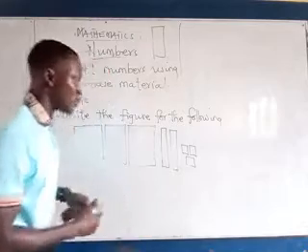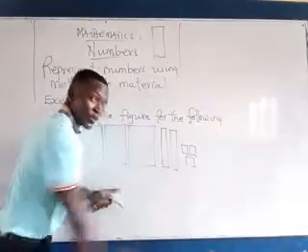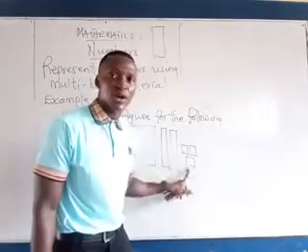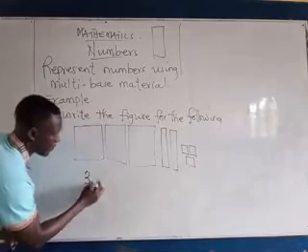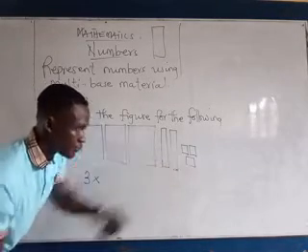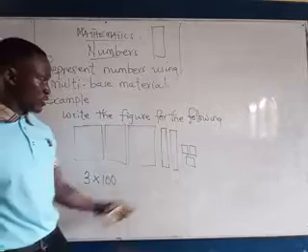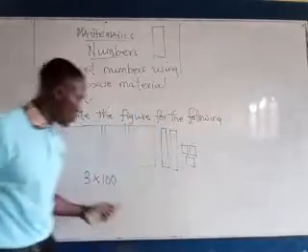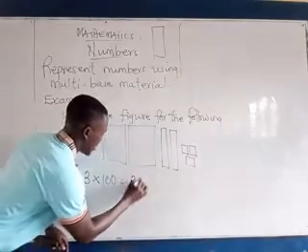We know that 1 cube is equal to 100, and we have 3 here. So we multiply the 3 cube by 100, giving us 300.